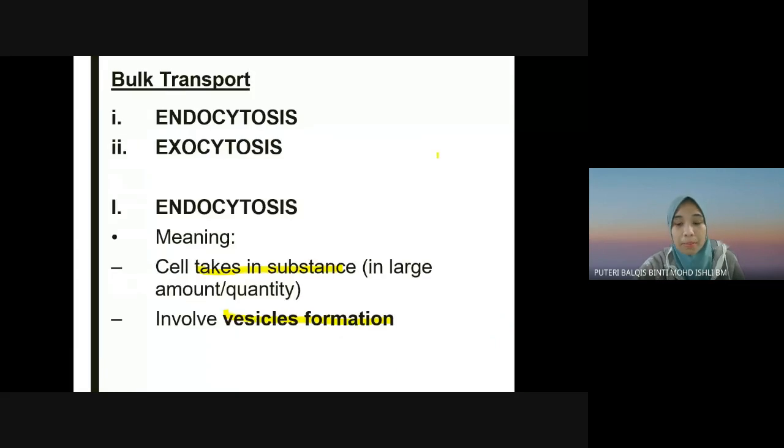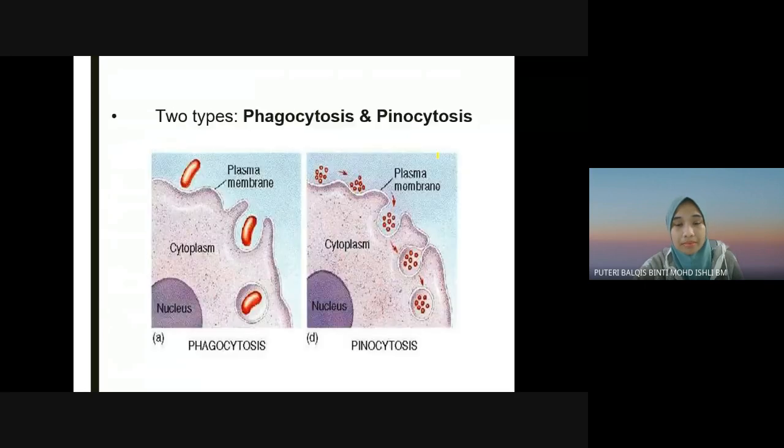Maksudnya plasma membrane dia move ni. Plasma membrane, it will move towards the particles, the substance. Okay, it will move towards the food particles. That is invagination.